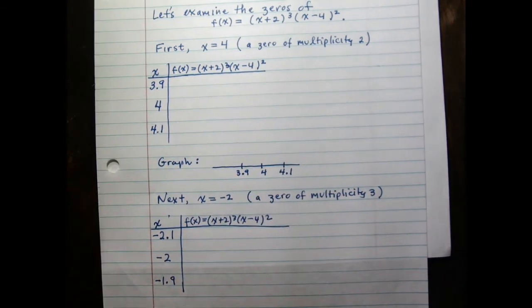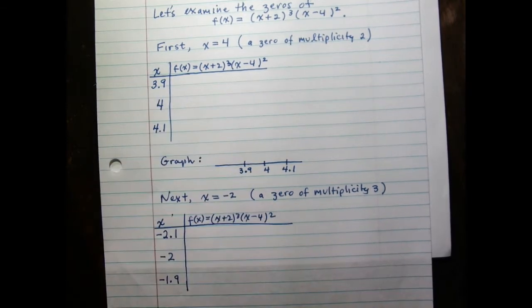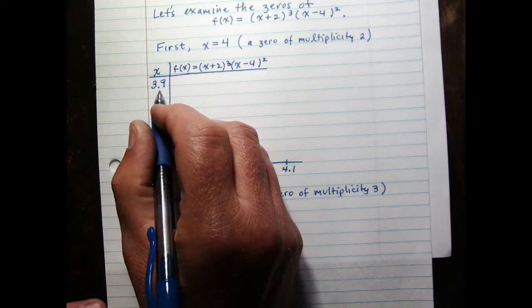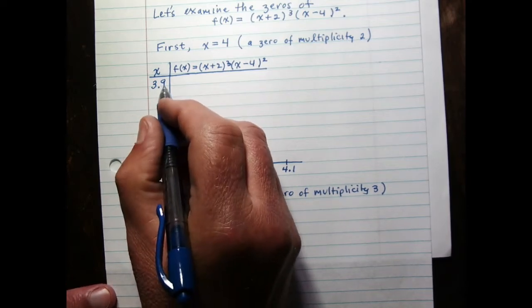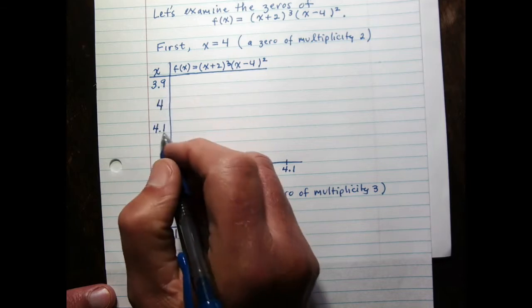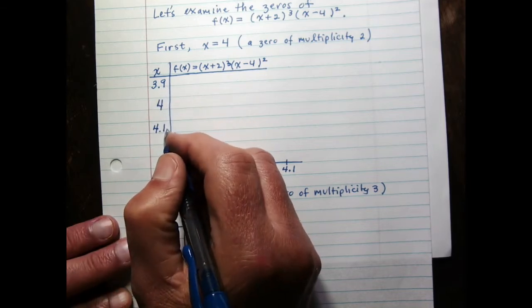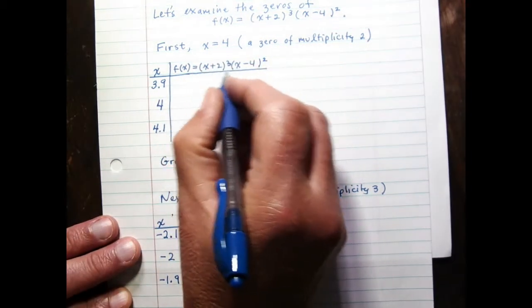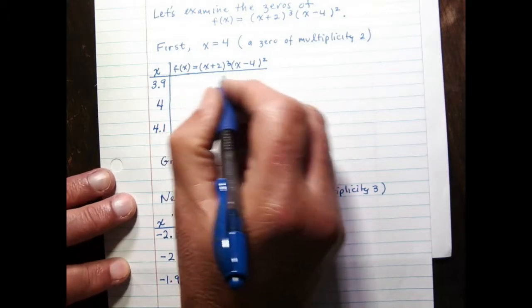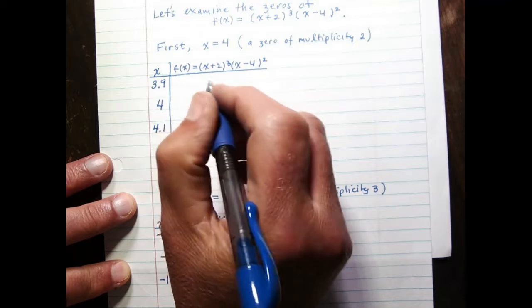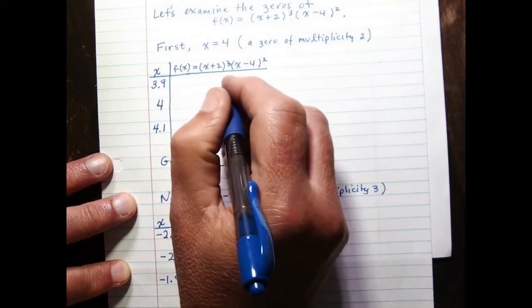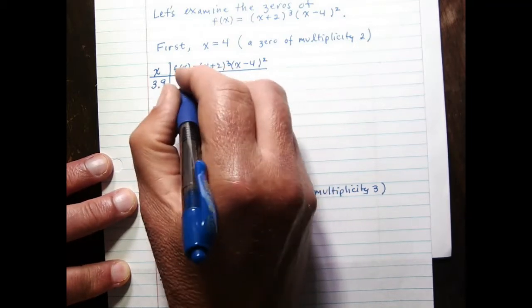And what I'm going to do is look at values of x very, very close to that 0 of 4. So I'm looking at a value of x slightly smaller, a value of x slightly larger, and I'm going to plug into the function expression. And I'm not going to figure out the whole value here. I'm just interested in whether we're going to get a positive or a negative y value.